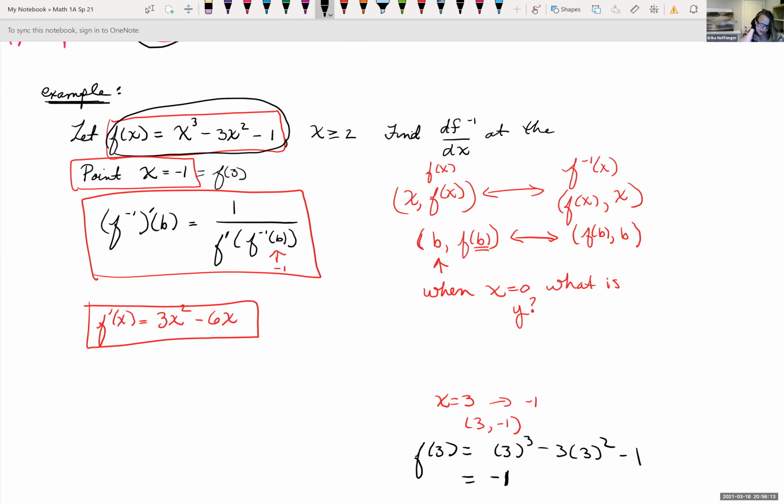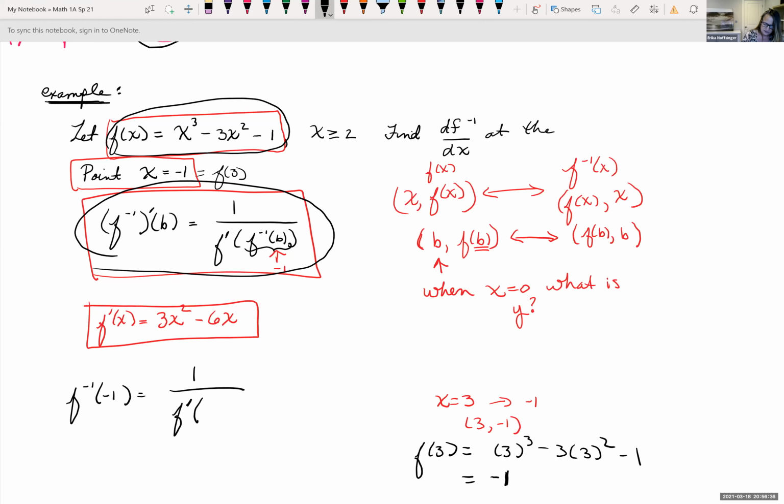So let's look at the following. We know that the derivative of f inverse at -1 is equal to 1 over the derivative, which we just found, of f at f inverse of -1, which is going to be 3. Which is 1 over f prime of 3.